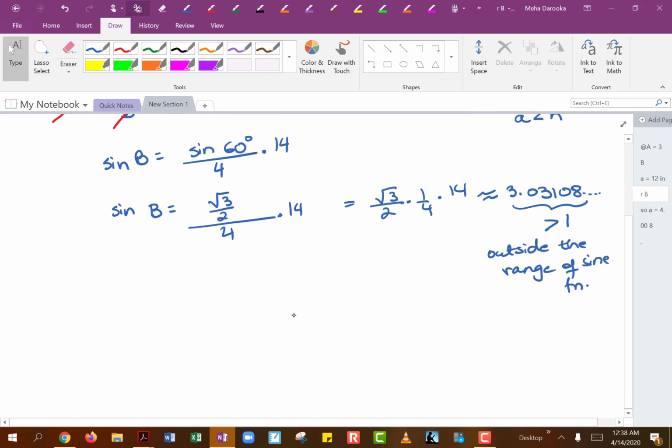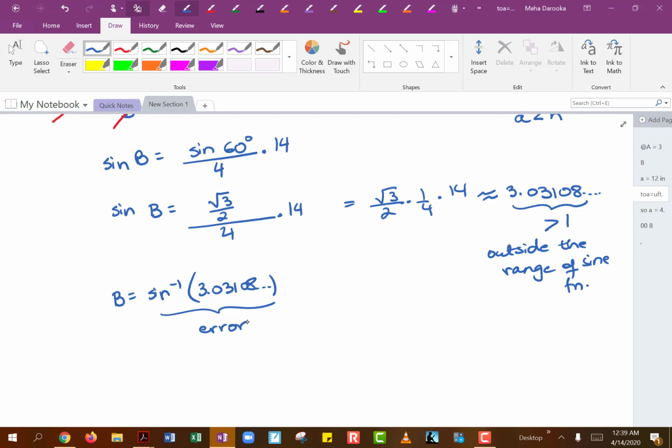But if you don't catch that, and let's say you decide, okay, I'm going to find B for my angle and do sine inverse on this number, you should actually see an error message on your calculator. So go ahead, verify that, just so you know that you are comfortable doing these calculations and you know what kind of answers you get.